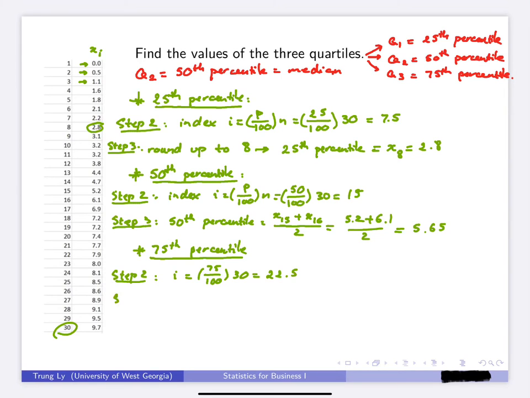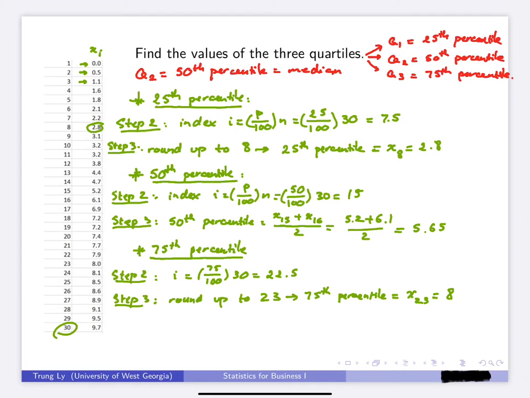Then in step 3, you want to round that up to 23, and so the 75th percentile is going to be equal to the 23rd observation, which according to our table is equal to 8.